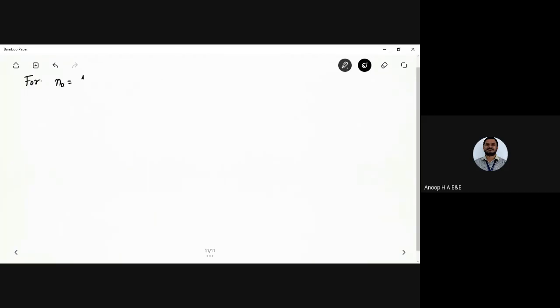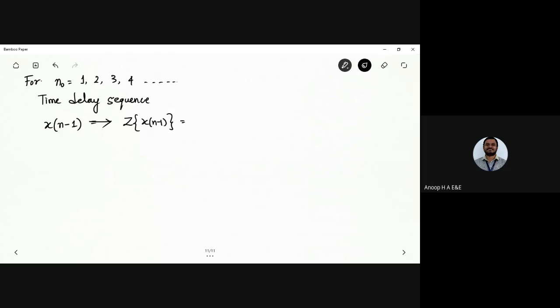For n naught equals 1, the time delay sequence can be written as x of n minus 1, and applying the Z transform, the Z transform of x of n minus 1 would be Z inverse X of Z plus x of minus 1.